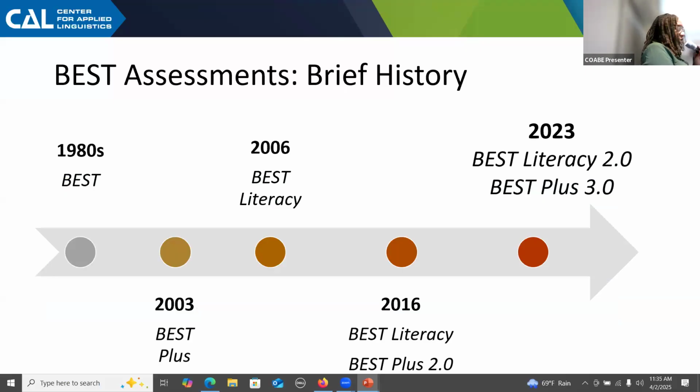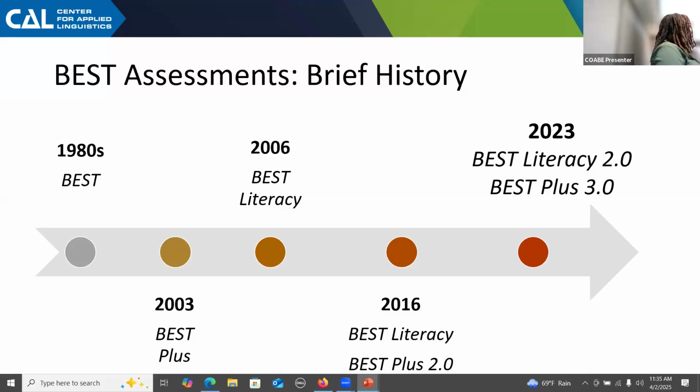Both were then redeveloped in 2016. In 2023, BEST Plus 3.0 and BEST Literacy 2.0 were introduced, designed with the new NRS EFLs, with cutting-edge assessment technology. They play a key role in program accountability today.